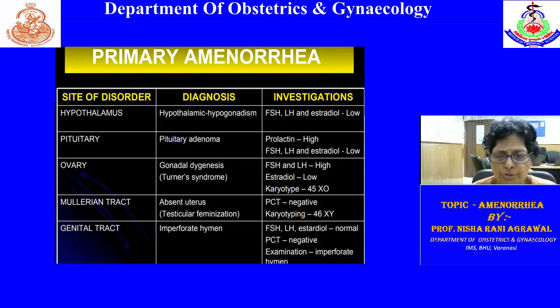As there is no uterus, there will not be any result of the progesterone challenge test. In imperforate hymen or transverse vaginal septum, FSH, LH, estradiol are normal. Progesterone challenge test is negative. And on examination, imperforate hymen or transverse vaginal septum or cervical agenesis is present.